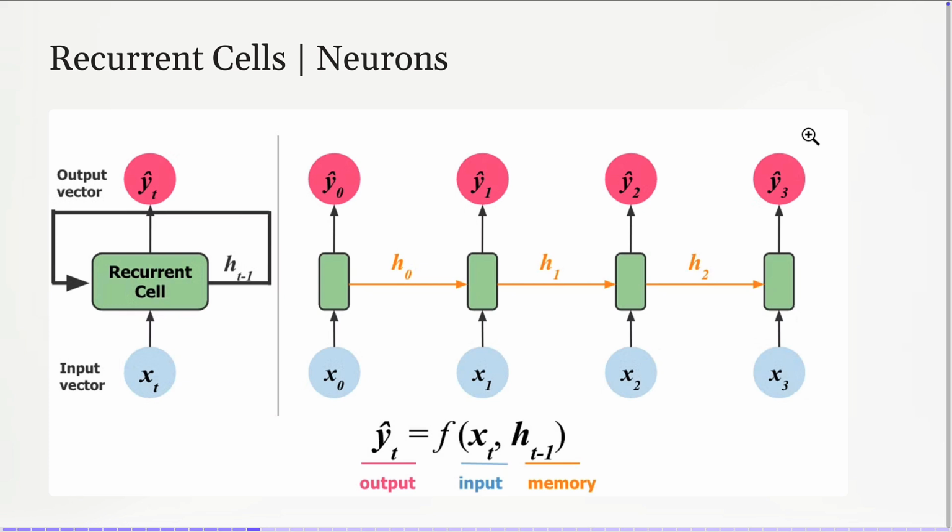Yes, ht minus 1 here is the output of the previous cell. Look at this one here. When I calculate y1, it will be a function of x1 and h0. And what is h0? It's the information that I captured from the first iteration.